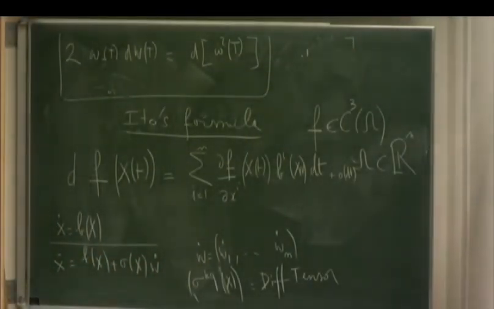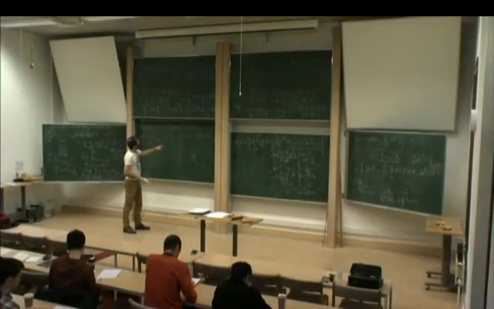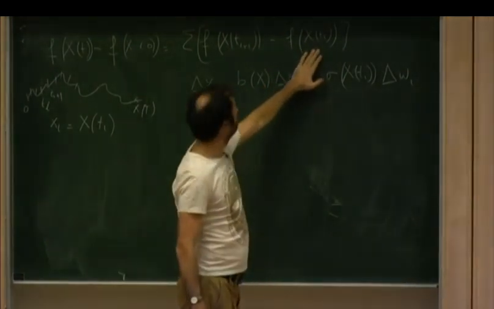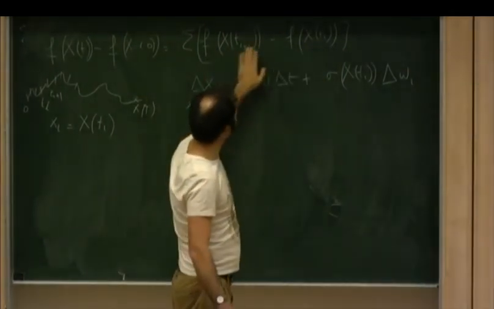Okay, and then what we are going to do now is just use a Taylor expansion of this difference to order 2. You have a function of b minus a.